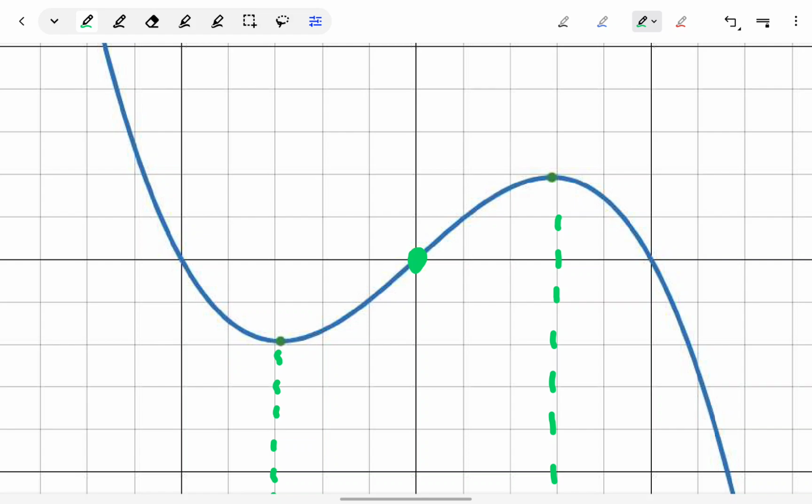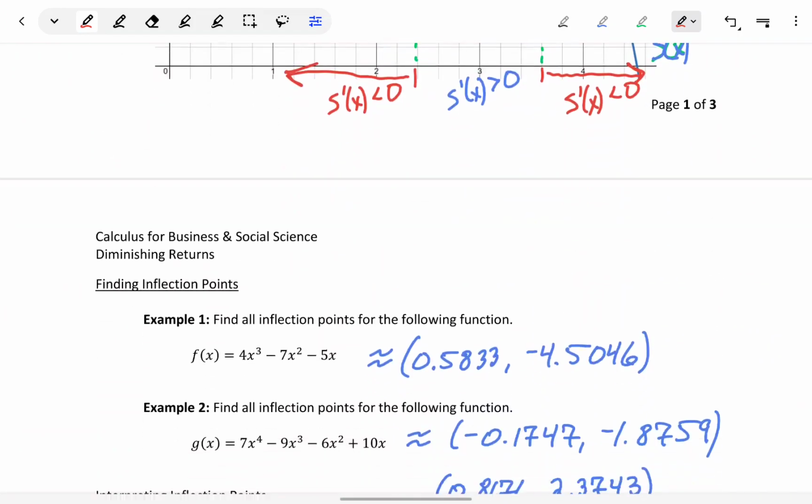Because again, what's happening at this inflection point is that our function is still increasing, but that rate of growth was more rapid up to that inflection point. And then after that inflection point, while our function is still increasing, function values are still getting larger, that rate of growth starts to slow down. So we still see growth, but at a less rapid rate after we cross that inflection point.